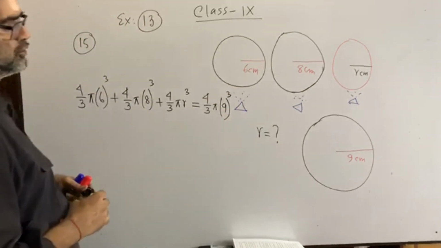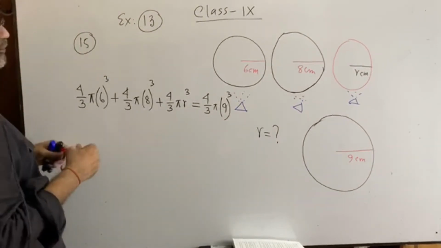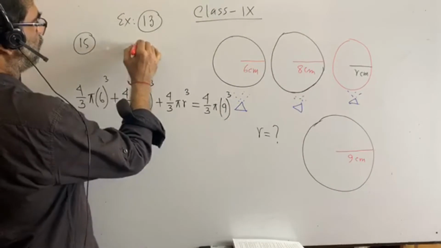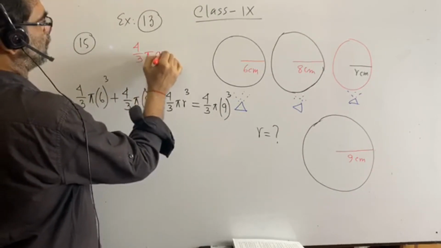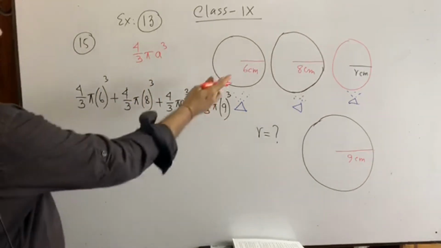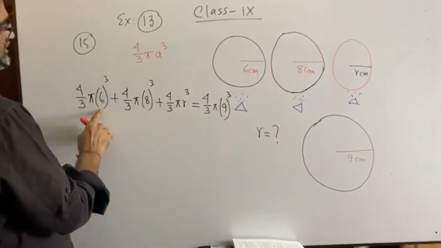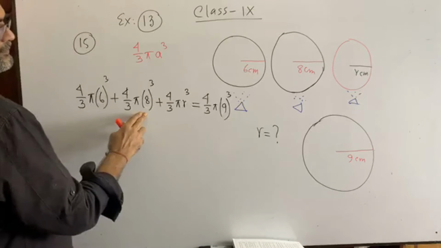What is the formula to find out the volume of a spherical ball? The formula is, you must know, 4/3 pi a cube, where a is the radius of the sphere. In this ball, radius is 6 centimeter. Here radius is 8 centimeter.